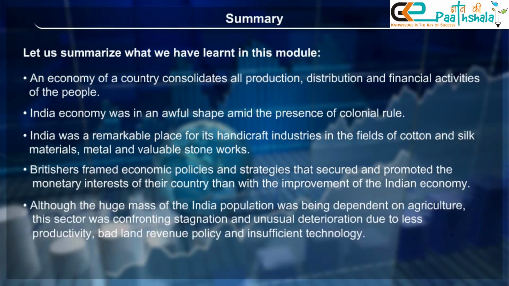Although the huge mass of the Indian population was dependent on agriculture, this sector was confronting stagnation and unusual deterioration due to less productivity, bad land revenue policy, and insufficient technology.